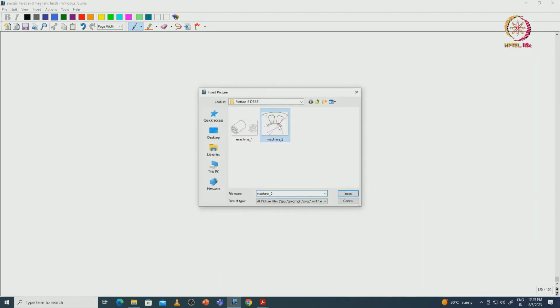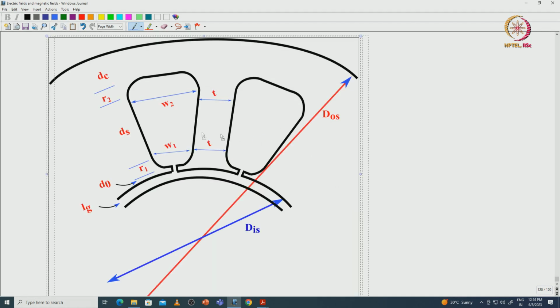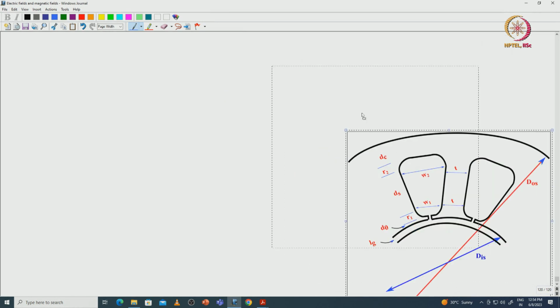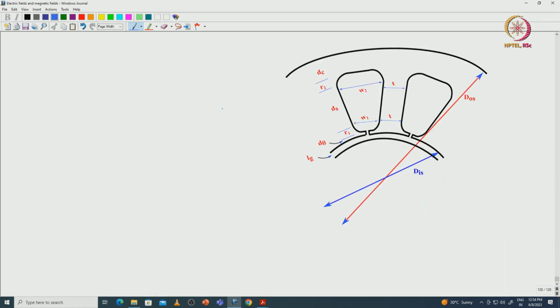So, first we will see the flux densities at the different portions of a stator core. Okay. We will see the flux lines, how the flux lines are flowing. So, here flux lines are coming in this manner. Okay. And in the core back iron, the flux lines are in this manner.